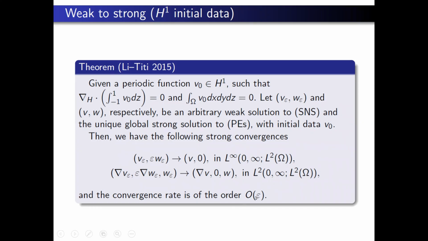The width, or diameter, of this tube is of order epsilon. So all the weak solutions of Navier-Stokes are within the vicinity of the primitive equation solution. This is the first result.